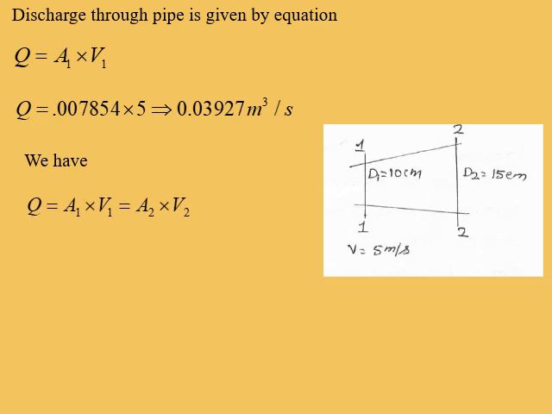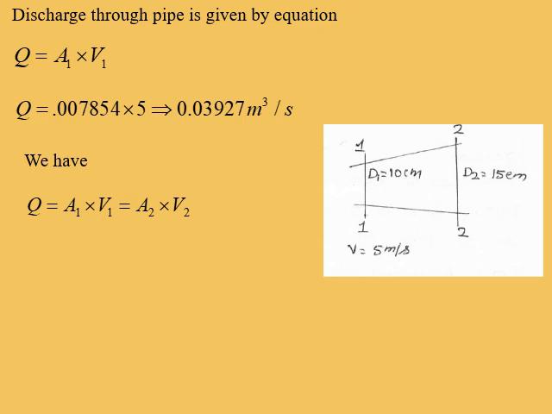We know that the discharge at section 1 is equal to the discharge at section 2 according to the continuity equation, A1 V1 equals A2 V2. In this expression, we know the value of area at section 1, the velocity of water at section 1, and also the area at section 2, but we don't know the velocity at section 2.